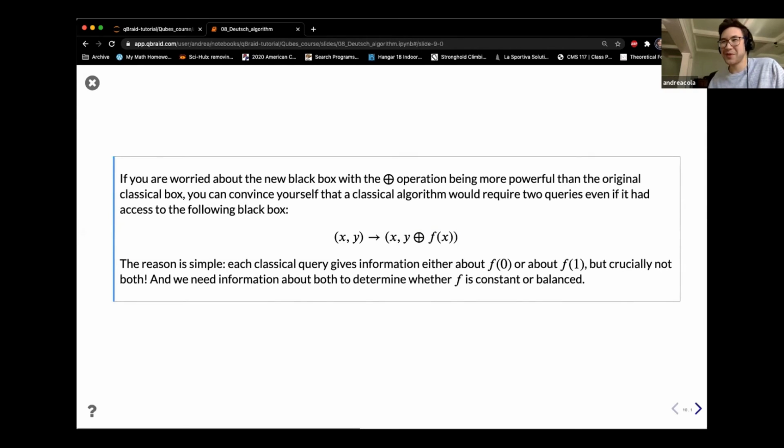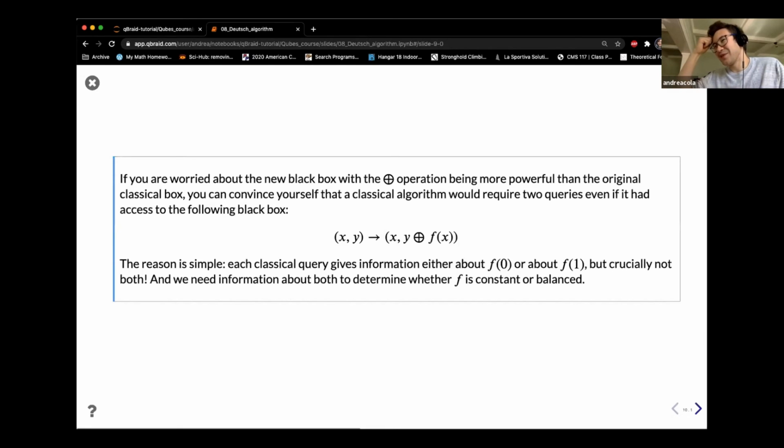Is anyone worried about that? That now we've changed the problem a bit too much, in a way that this quantum black box is too powerful. Lauren, yes, good. Okay, good. I'm glad I can address that.